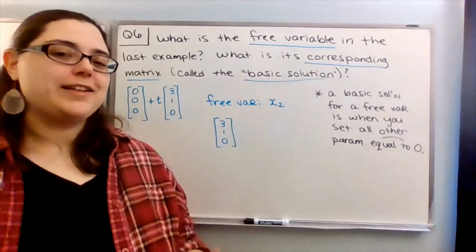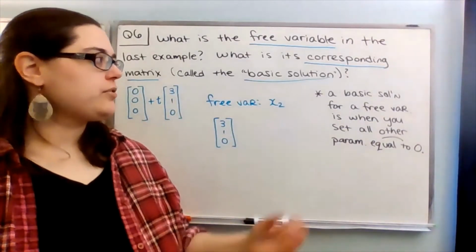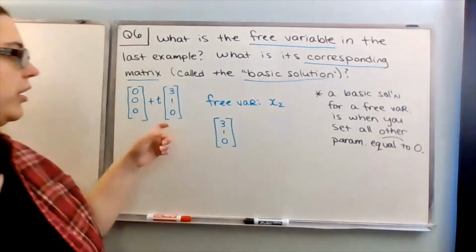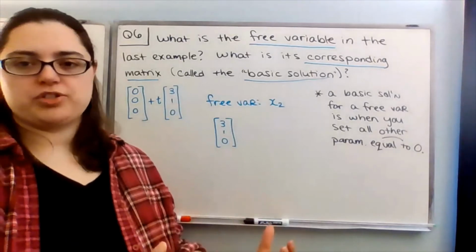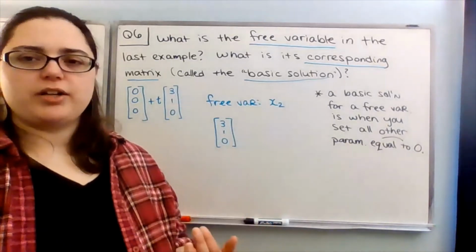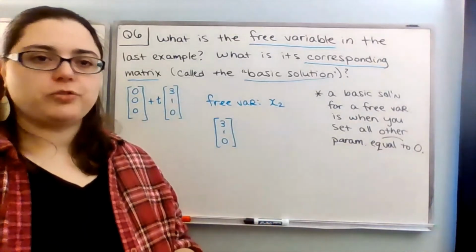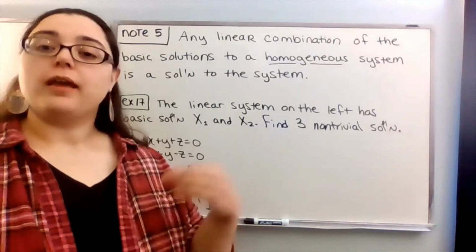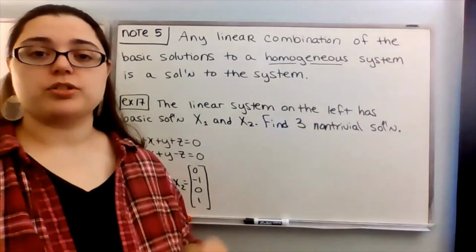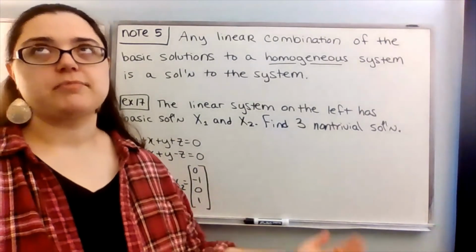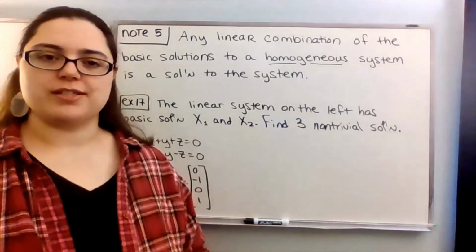But what's going to be nice is that we can use these basic solutions or these values here to help us find solutions to homogeneous systems. So we're going to write a note, and then we have one last example to do for this video. Note 5 says that any linear combination of the basic solutions to a homogeneous system is again going to be a solution to the system.